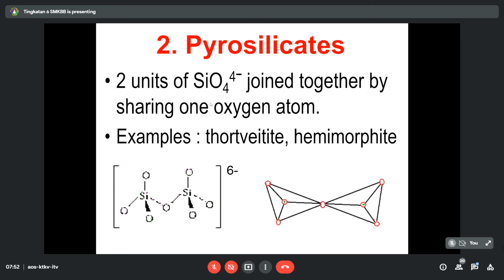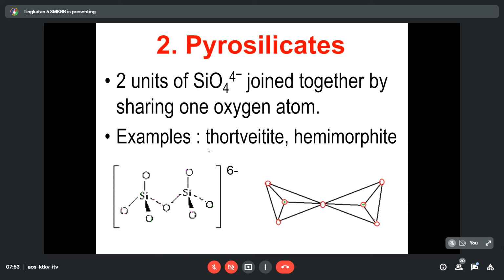That means it's Si2O7 with a charge of 6 negative. Like it or not, you have to know it, because questions have come out on it. The formula is Si2O7 with a charge of 6 negative. They share 1 oxygen.